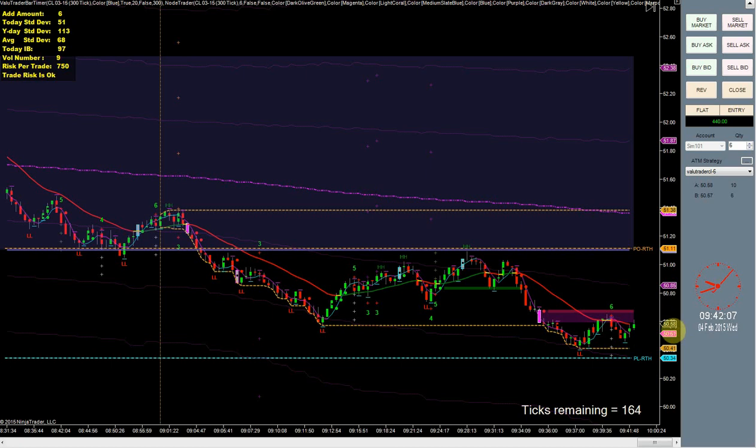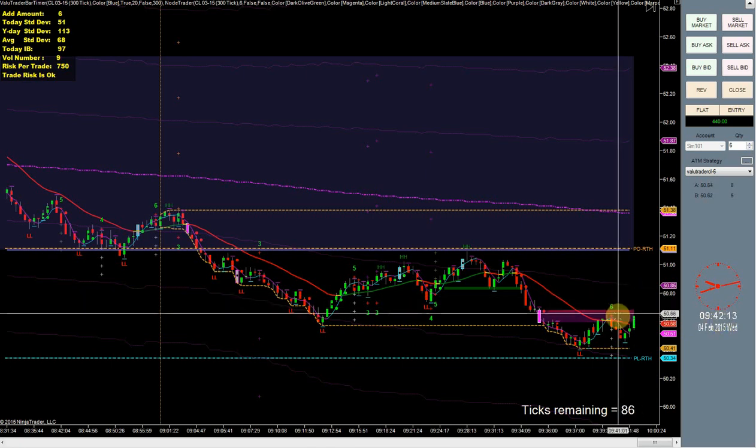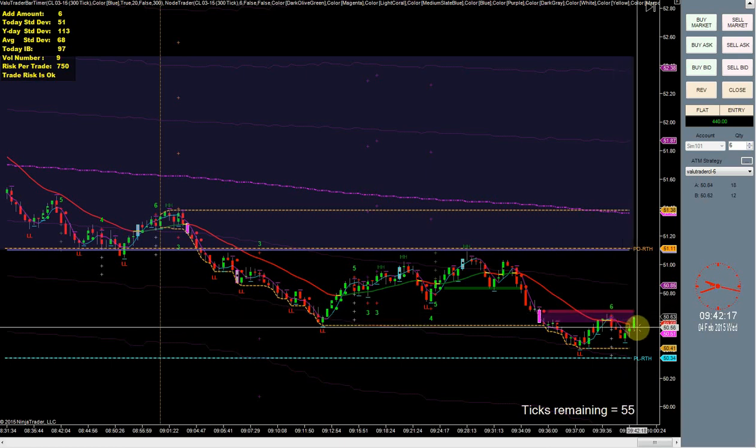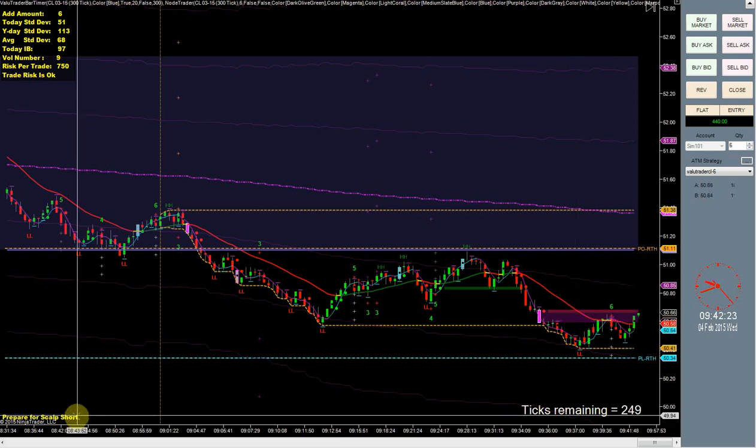What time is it? 9:42. Alright, hopefully we'll get maybe one more trade before 10. We'll see if the market pushes through this sell zone here, or if it reverses and goes back the other way. Prepare for scalp short.